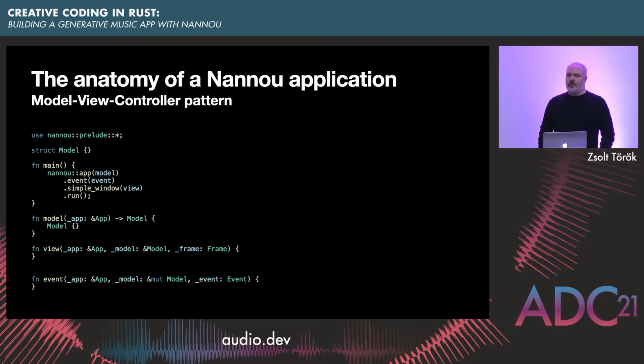People who know the model view controller pattern might recognize that we have the model, view and event functions, which correspond to the model, view and controller part of the pattern. And the main function itself basically initializes the app, registers the event handler function, and opens up a window and runs the app. Pretty straightforward.